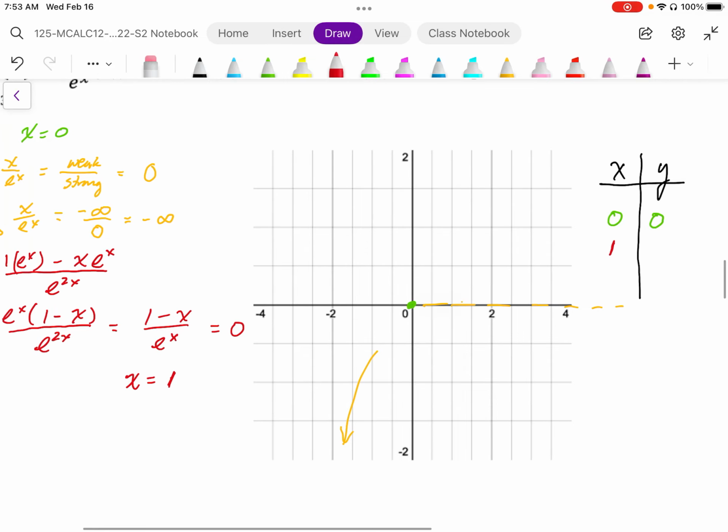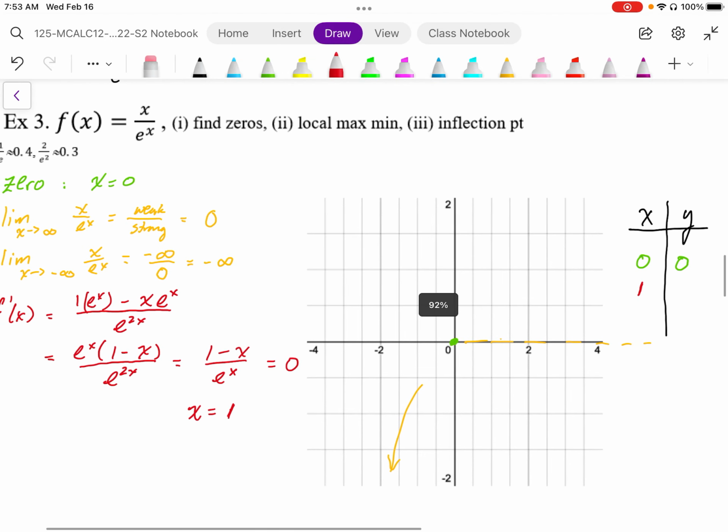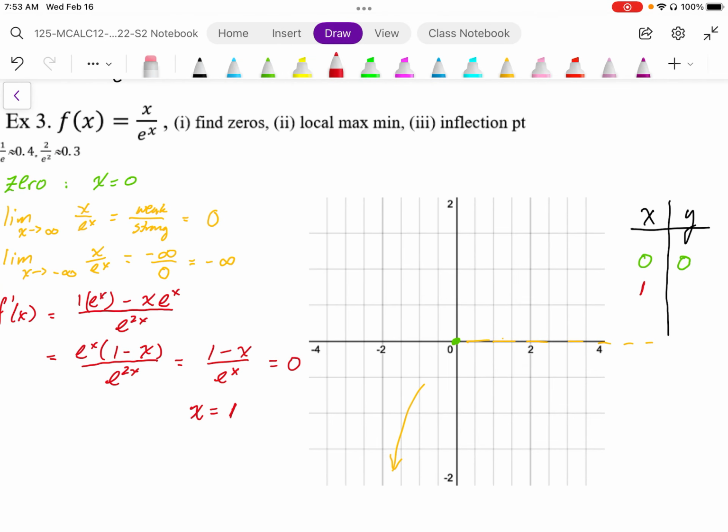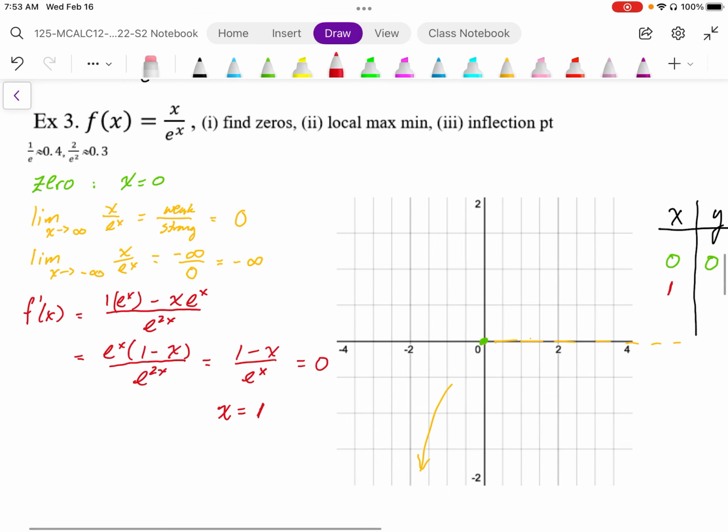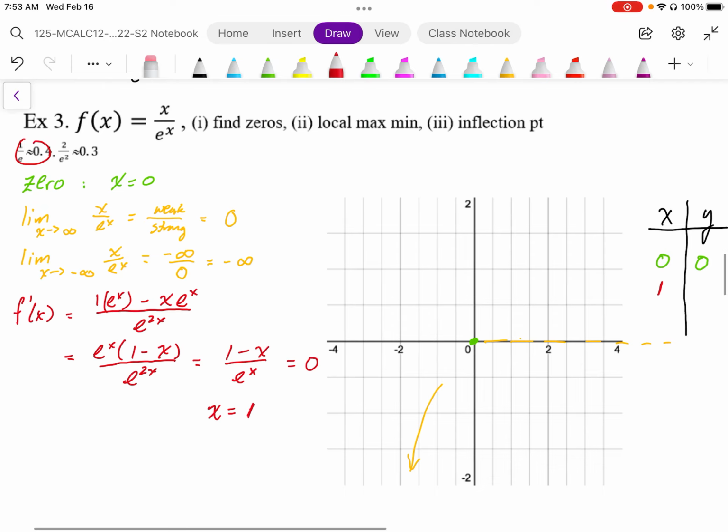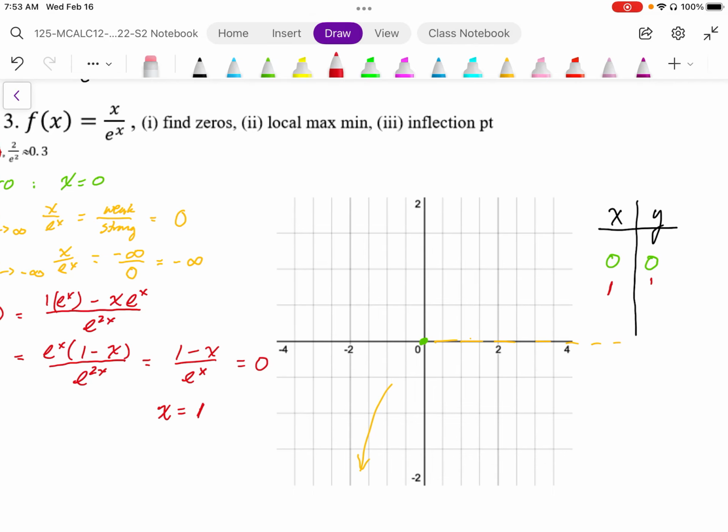Plugging that into my equation, when x is 1, f of 1 is equal to 1 over e, which we've established is approximately 0.4. So at x equals 1, right around here, we're going to have y equals about 0.4. Okay, sorry, 0.4 is going to be more like this.